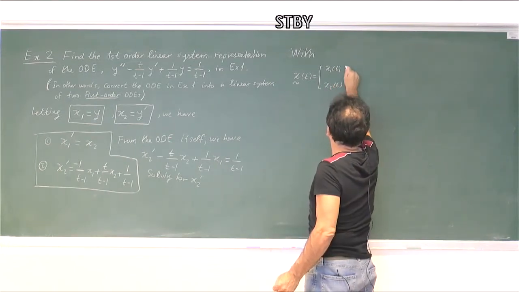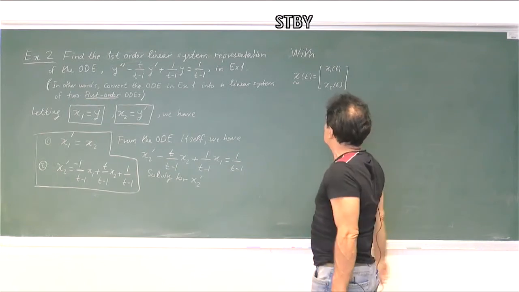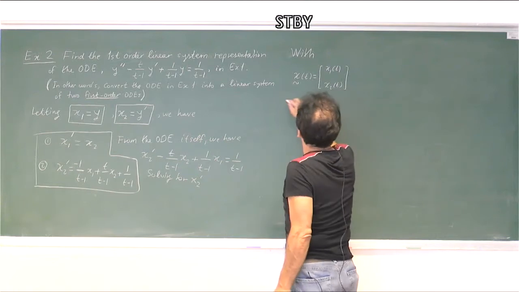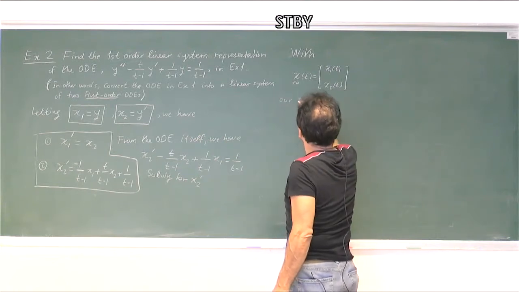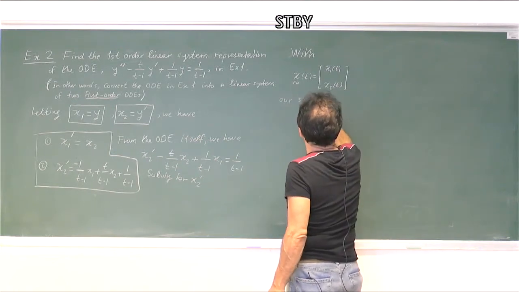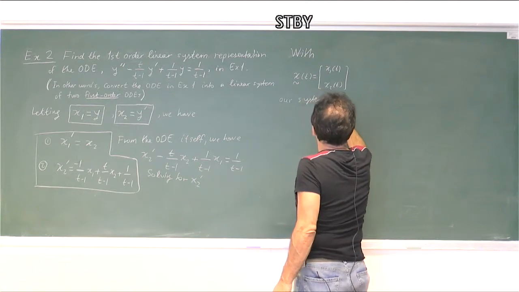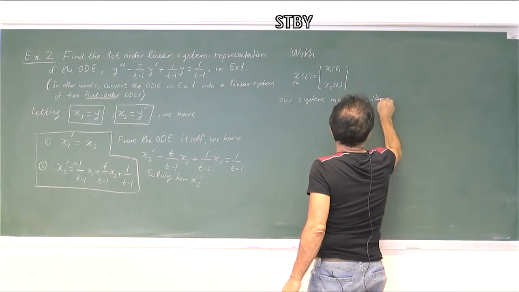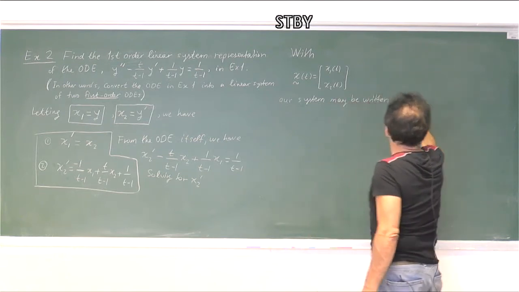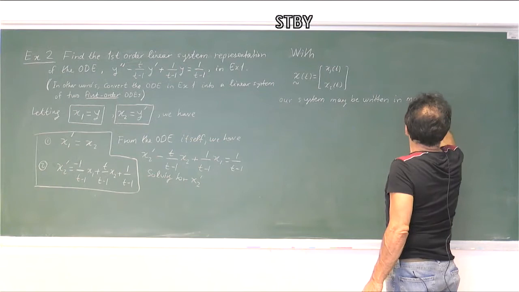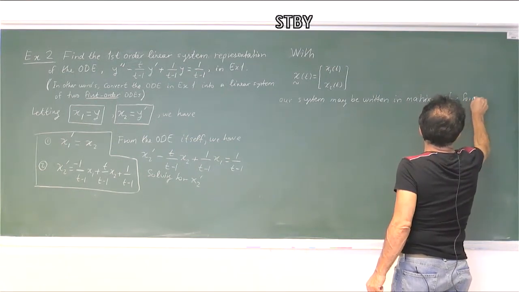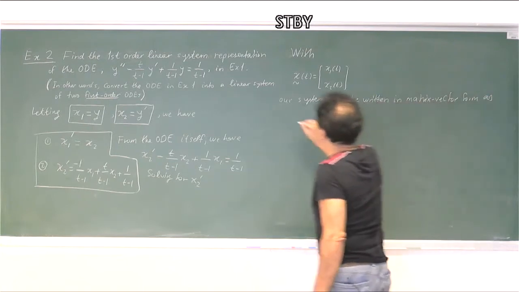I define this. Good. So our system may be written in matrix vector form as this.